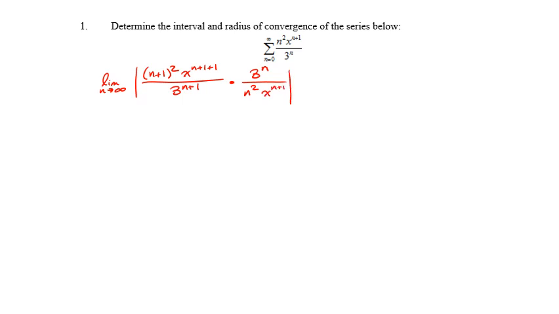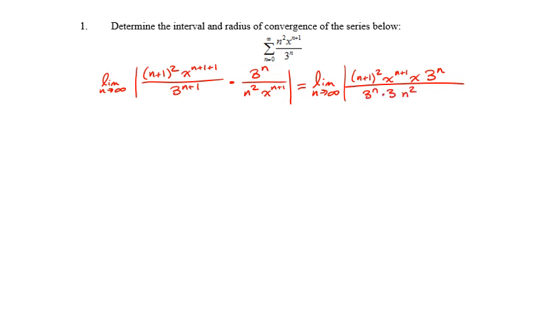And we did just do this problem in that first example. So we're splitting it up, right? The n plus 1 squared doesn't change. x to the n plus 1, if I want to cancel it with the denominator, needs to be x to the n plus 1 times x. And then 3 to the n stays 3 to the n. In order for 3 to the n plus 1 to cancel the 3 to the n, we'll need 3 to the n times 3.